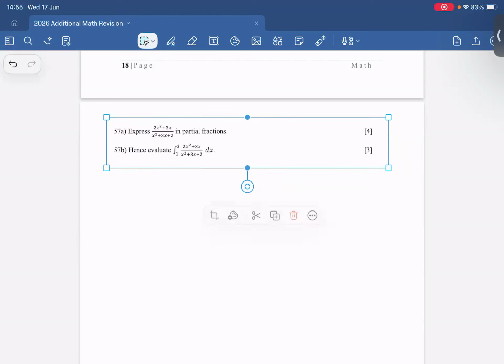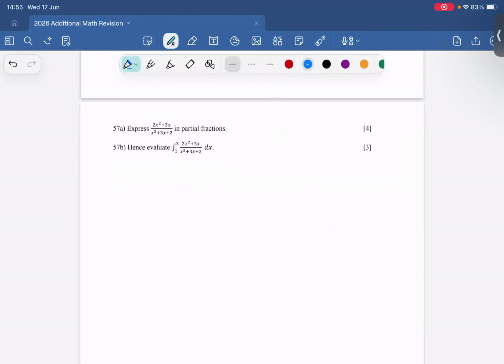So the first thing you need to check when you have a partial fraction: you need to check whether it is an improper or a proper fraction.